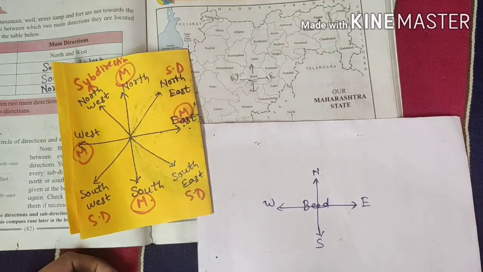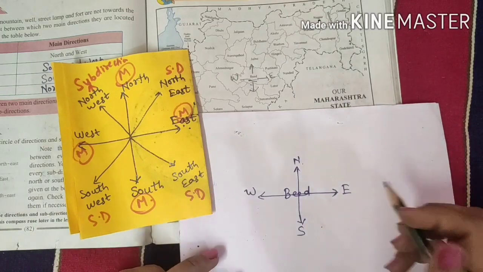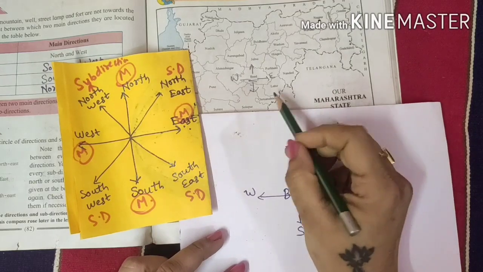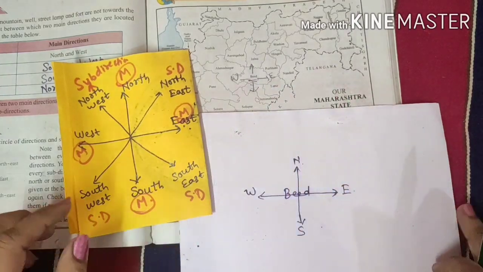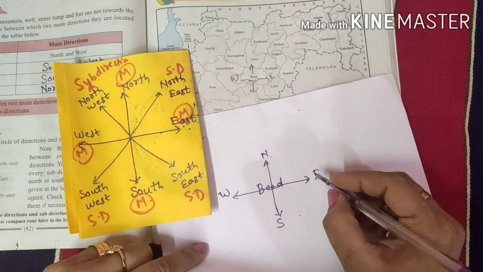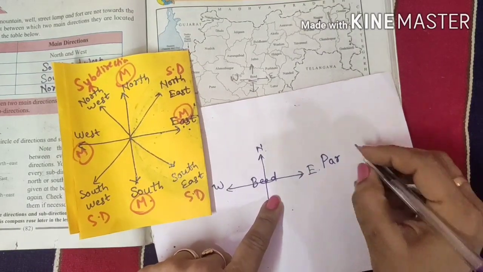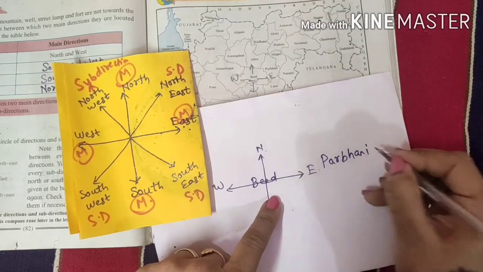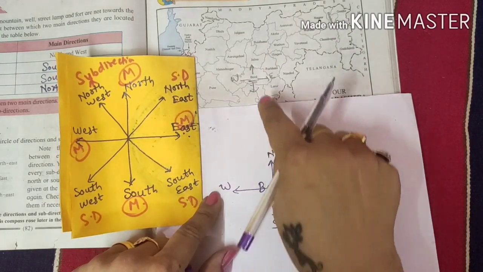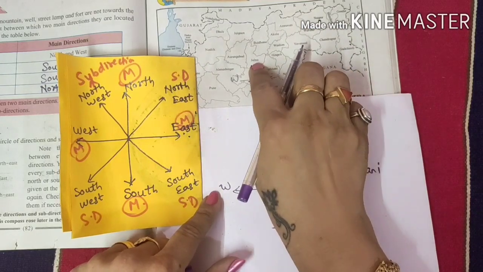So first we will go with our east direction. So what is to our east? East is our Parbhani district, which is to the east of Beed. Now we are going with our north. On the north of Beed, which district is it?